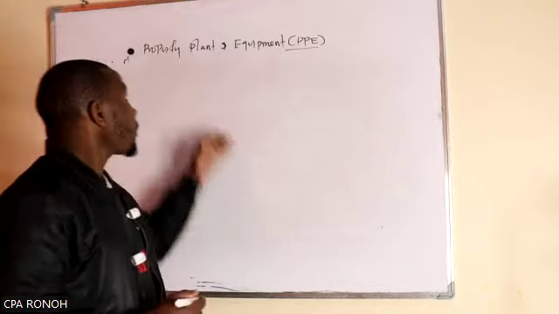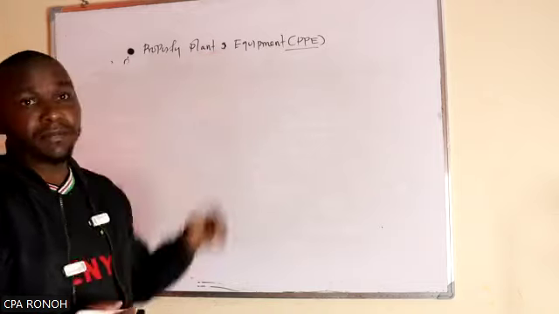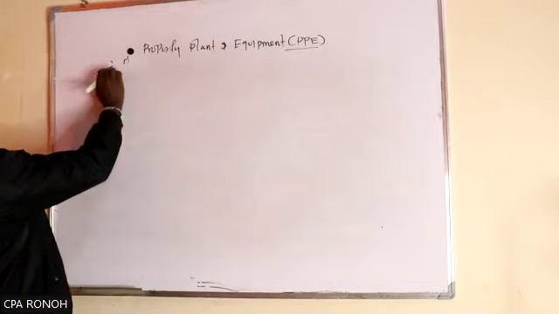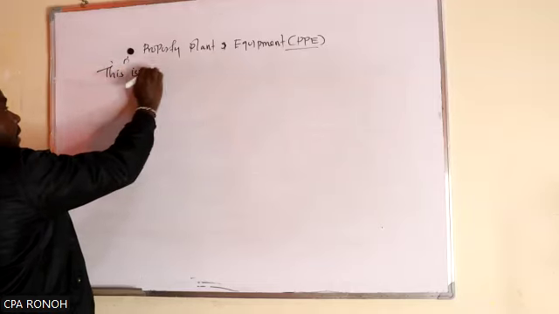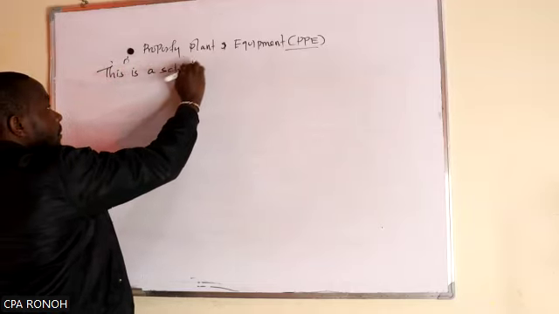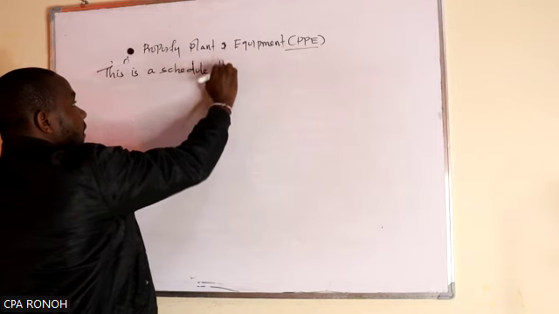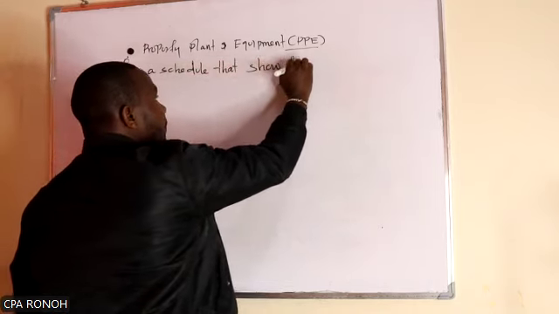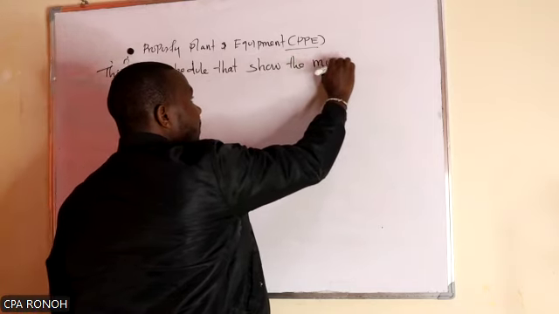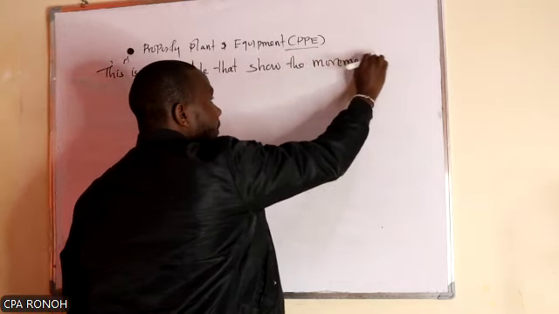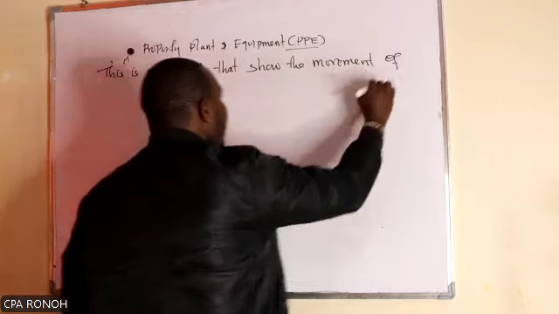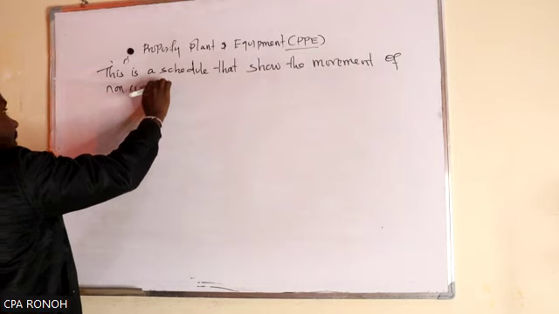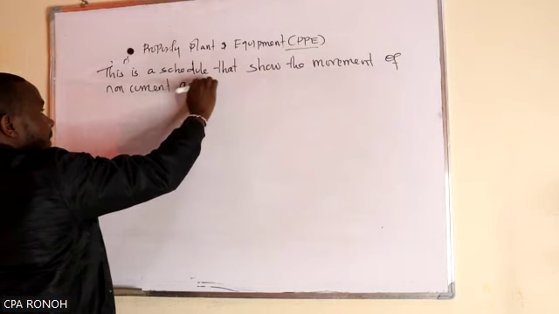So when we talk of property, plant, and equipment, we can define this one and say this is a schedule that shows the movement of non-current assets.